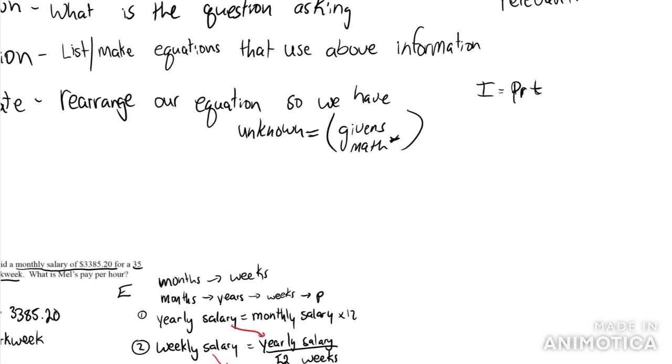Say we had to solve for R. We would rearrange this so we would end up with R is equal to I divided by P times T. And to get there, there's a number of ways, but most commonly I see that there's a P multiplying, so I'm going to do the opposite and divide by P, and I'm going to divide this side by T. So I would do the same thing on the other side of the equals. So now these cancel out, and I end up with this on the opposite side and this on this side, and I just rearrange it.